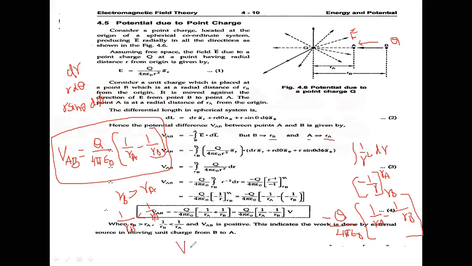Q by 4 pi epsilon naught is always positive, so this voltage VAB is always positive. Got it, my dear students? This is 1 by RA minus 1 by RB, or you can write it as RB minus RA by RA into RB.